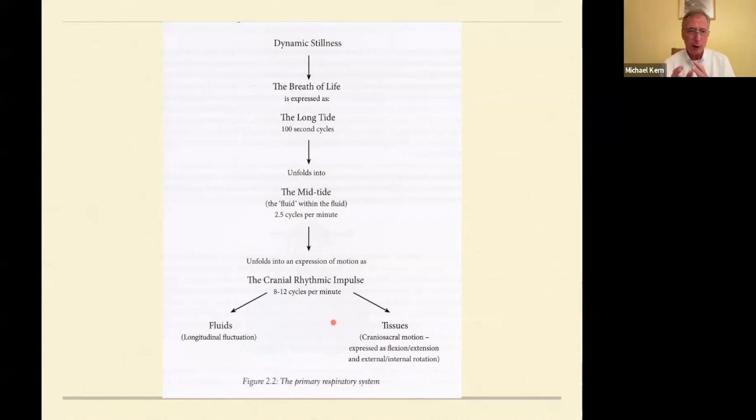And an analogy that I'd like to give you to explain this is, if you imagine that you are looking at, let's say, sailing boats in a harbor, those sailing boats are going to be rocking on the surface of the ocean in quite a fast way, at a faster rate.